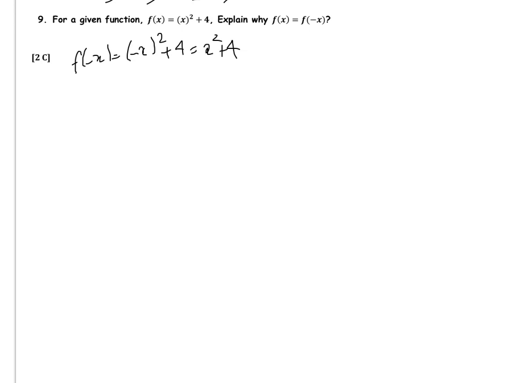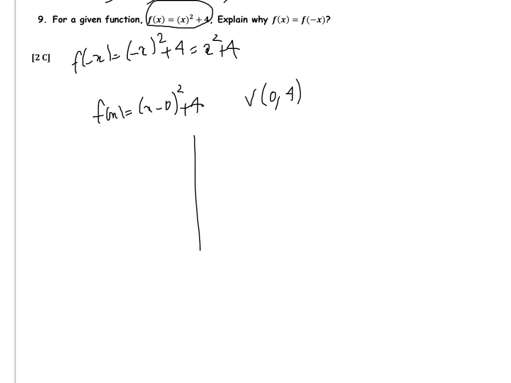Another way of explaining it is that when you change x to minus x, this means that the function is reflected about the y-axis. If you look at f of x, it can be written as (x minus 0) squared plus 4. This means the vertex is at (0, 4). So 1, 2, 3, 4.